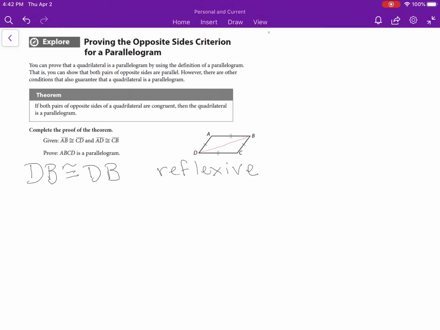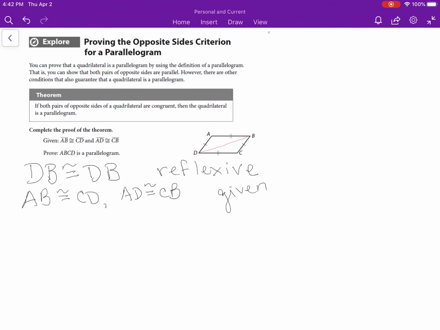Now, I also have some other information that's given to me by the tick marks. I know that AB is congruent to CD, and AD is congruent to CB. And all this information is given to me.